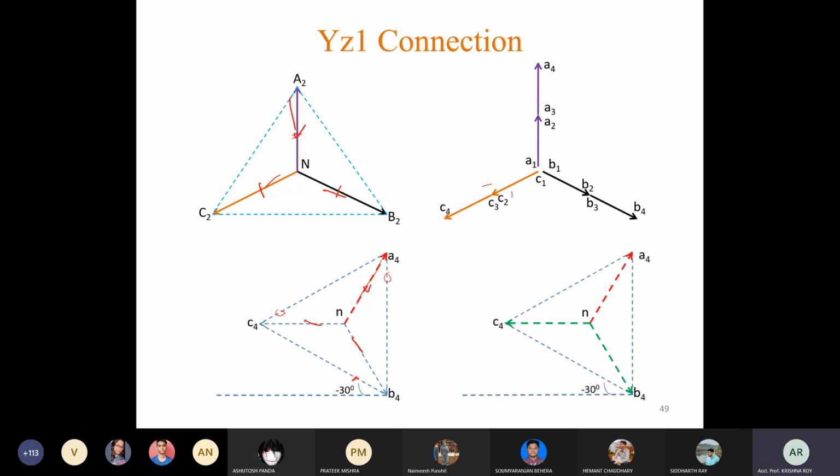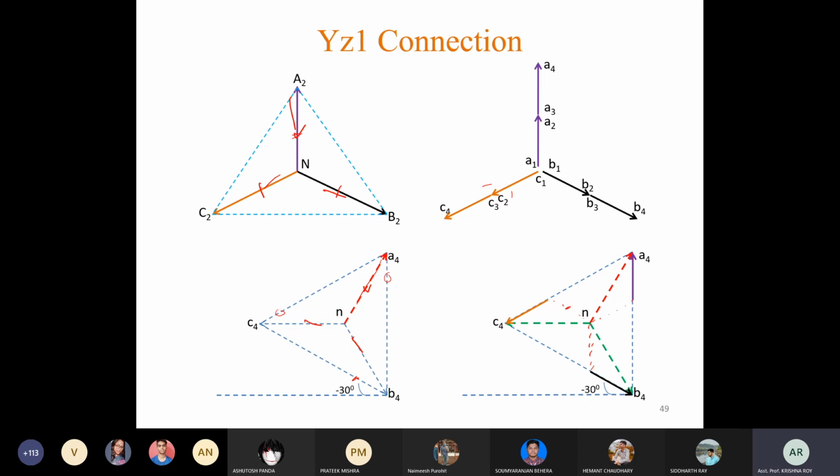So we need to draw the phasor diagram. First of all, draw all the outer phasors, that is A3 A4, B3 B4, C3 C4. Now to complete this triangle, we need one line here, one line here, and one line here. So identify these three lines.